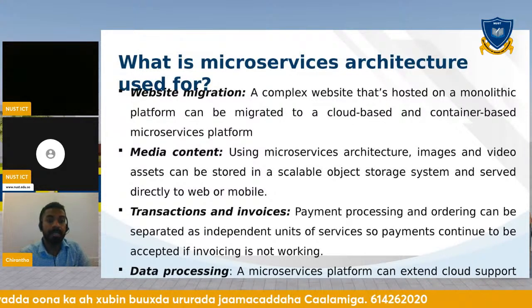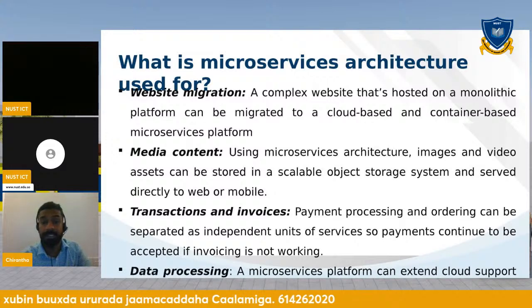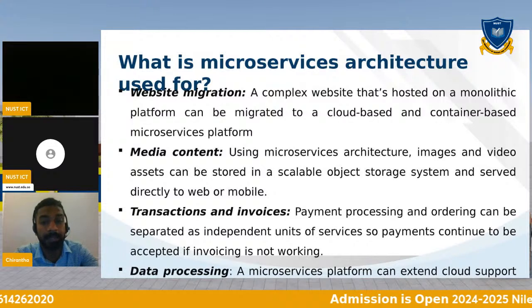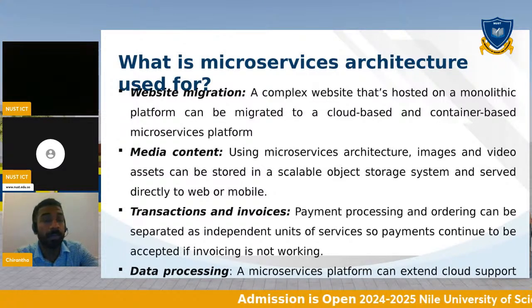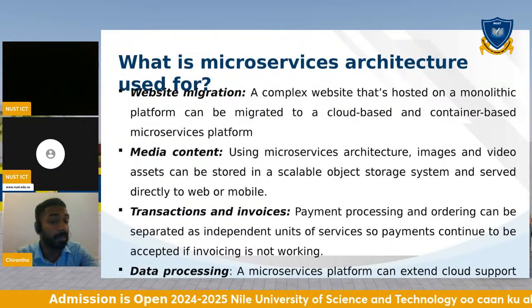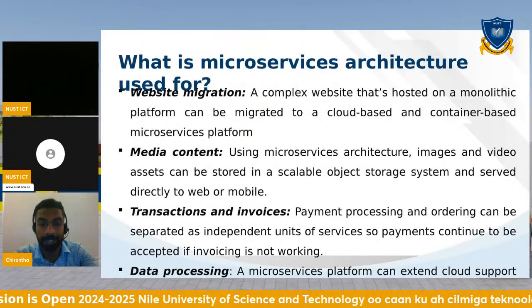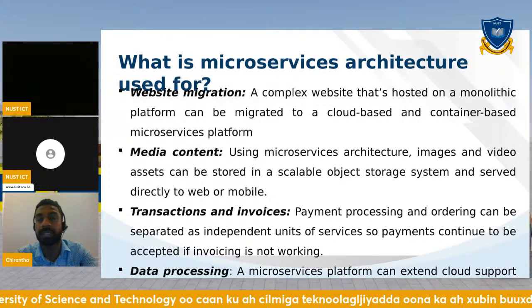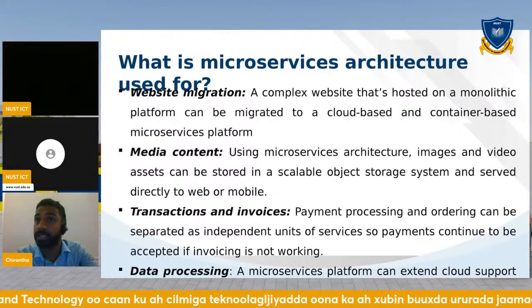Then the next one is the transactions and invoices. The payment processing and ordering can be separated as independent units of services. Suppose we are working with a shopping cart or a food ordering system, the payment and ordering, we can identify that those are two separate units. And to some extent, we can connect those features, the results of each stage, together.